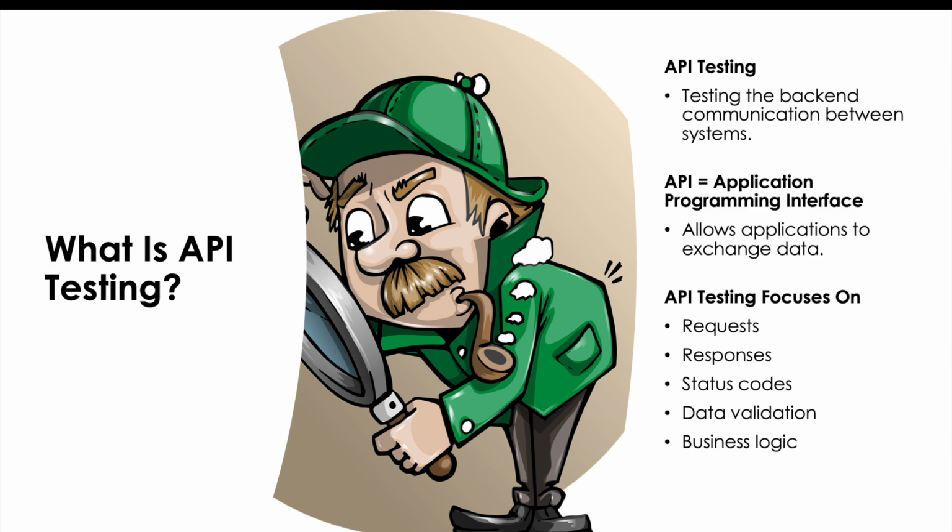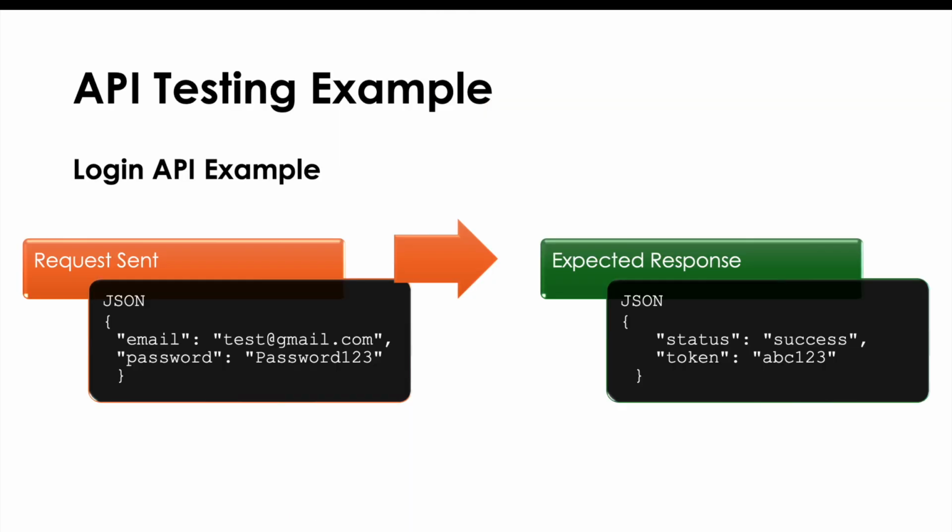So what is API testing? API testing is testing the back-end communication between systems. API stands for Application Programming Interface, so it allows applications to exchange data. API testing focuses on requests, responses, status codes, data validation, and business logic.